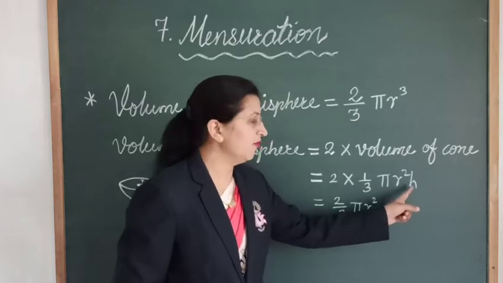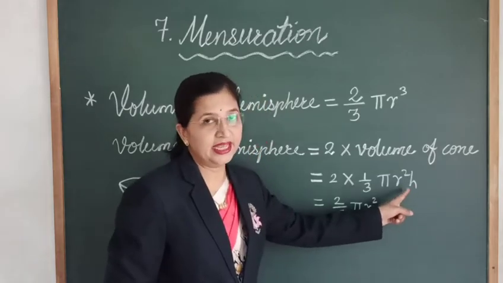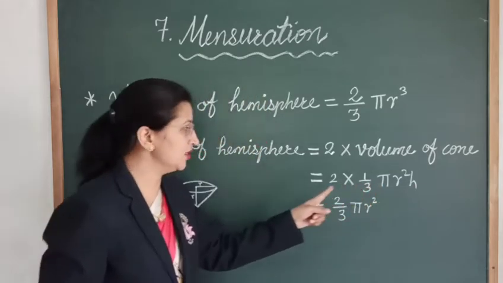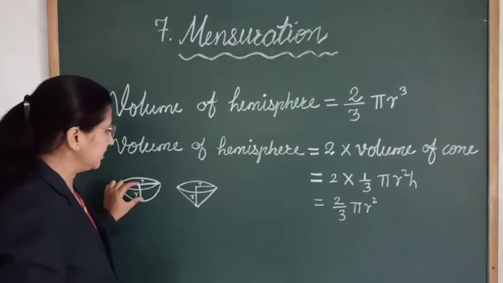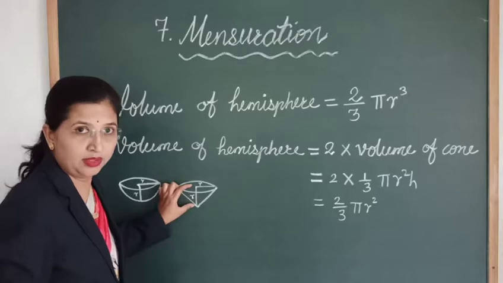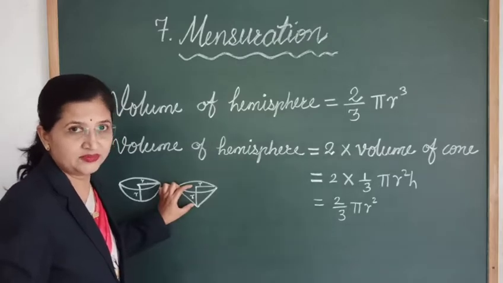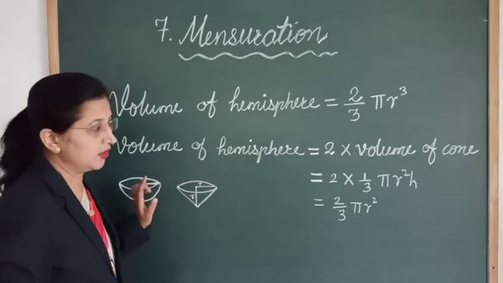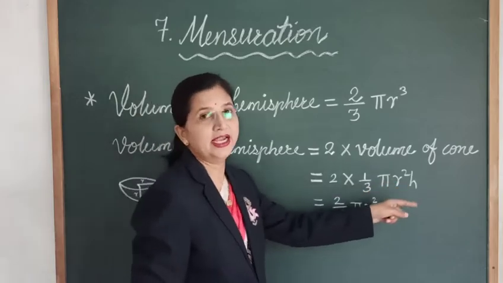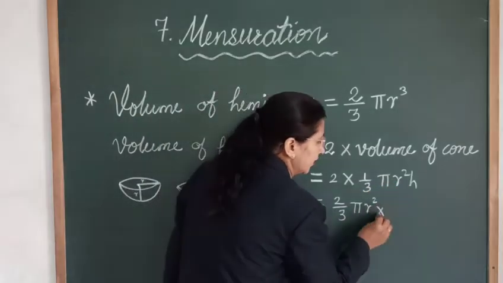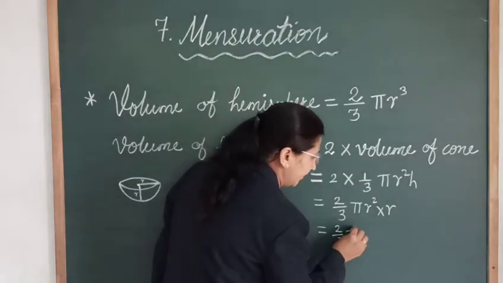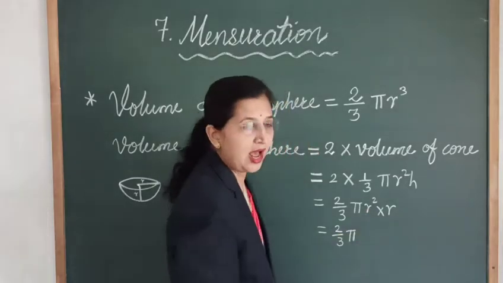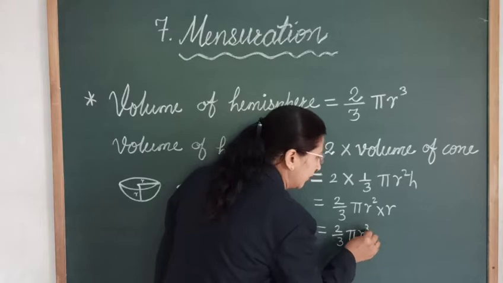But for the hemisphere there is no height. So the height, which for the cone is equal to the radius, we replace by the radius. So here 2 upon 3 pi r square into r, that is r cube.